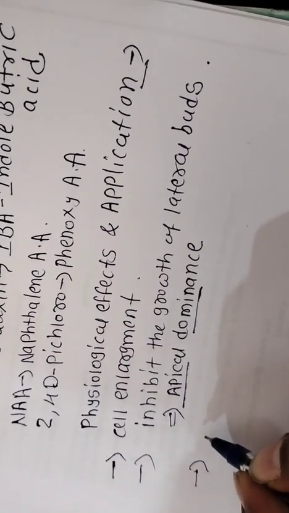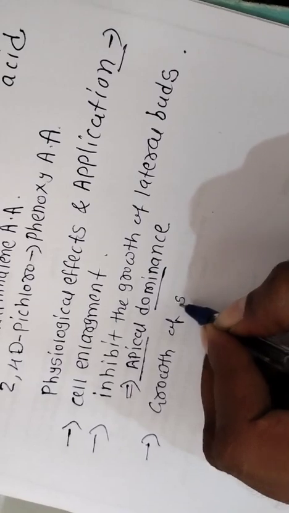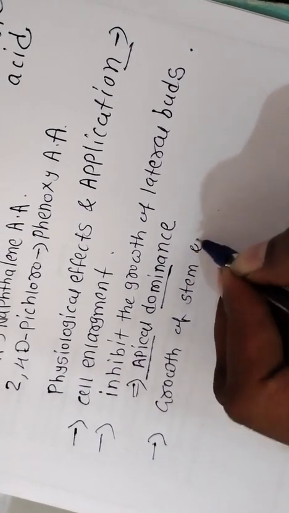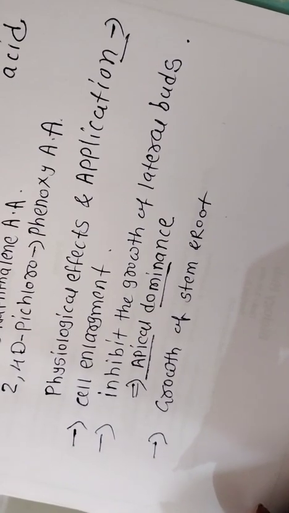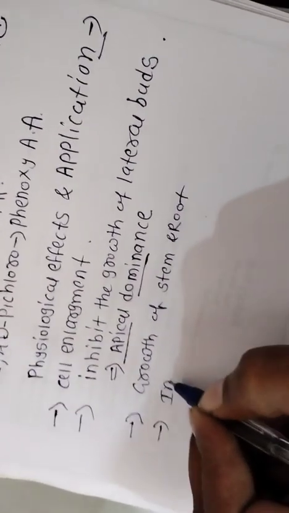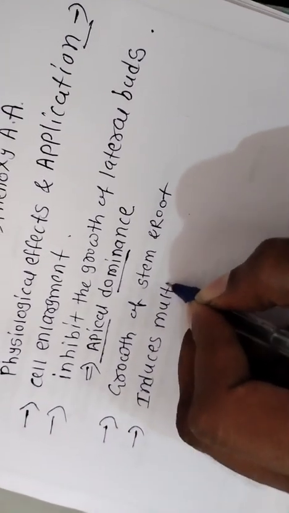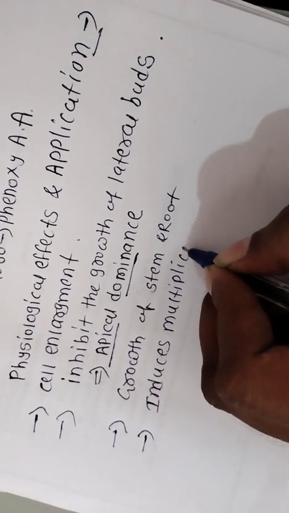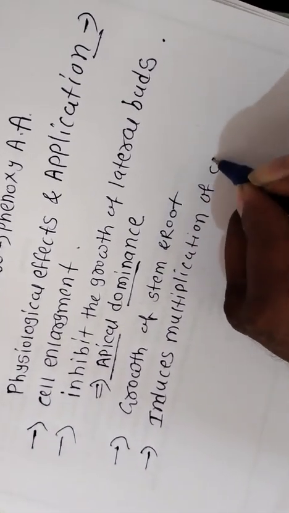Auxin stimulates the growth of stem and root. It stimulates the growth of stem and root, as well as induces multiplication of cells.